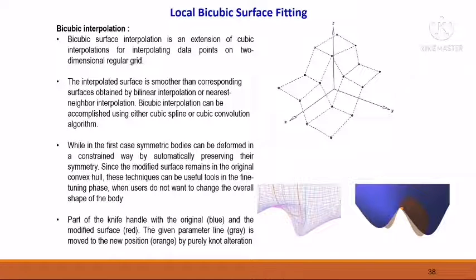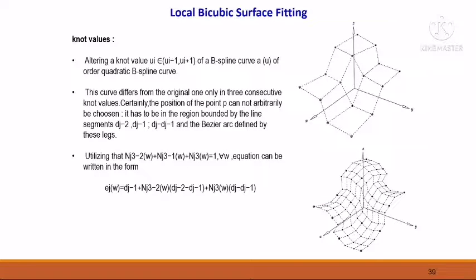This is another example of bicubic interpolation. Here we can see everything is in the form of squares and rectangles, which have sharp edges. That's the detail I'm talking about. When we talk about knot values, alternate knot values are represented with these mathematical representations and by B-spline curves, represented as A of U. Here we can see the mathematical representation, and the degrees and the dimensions.